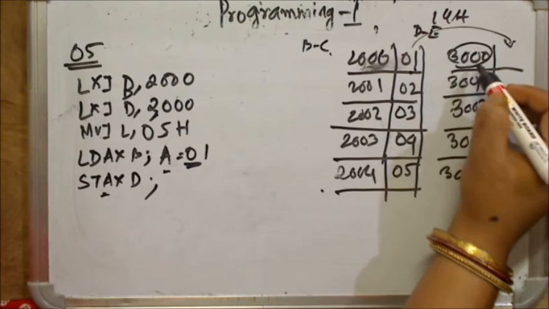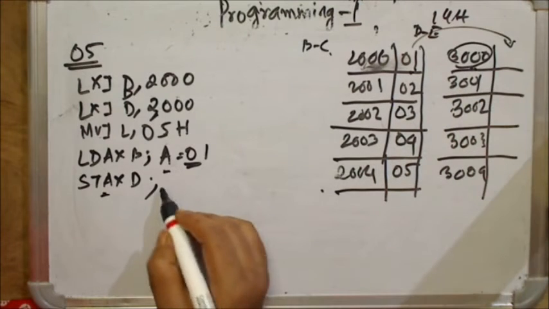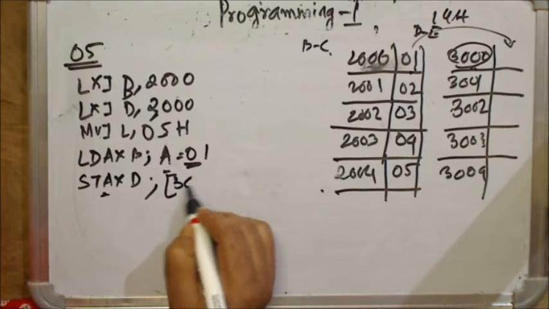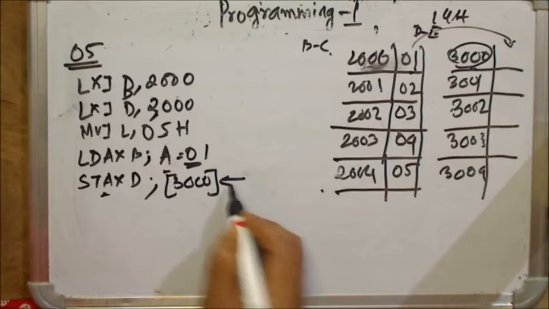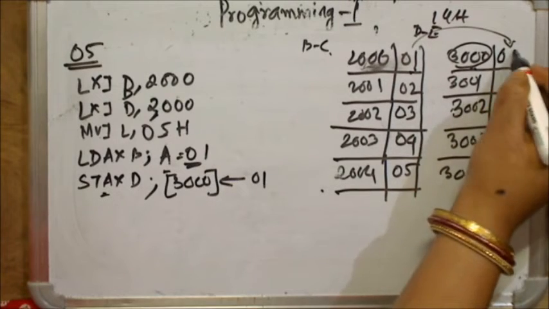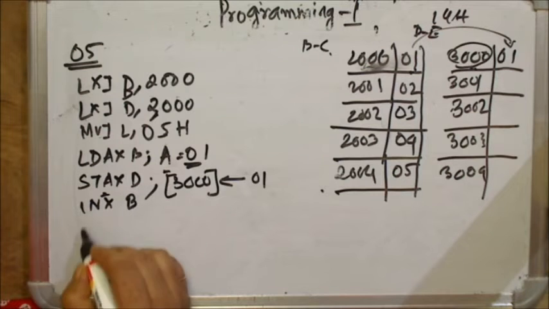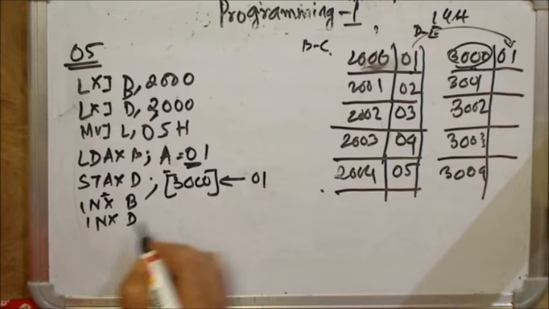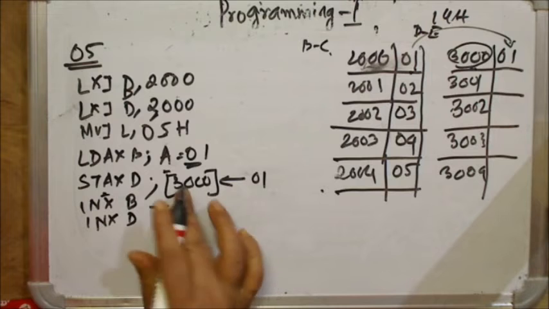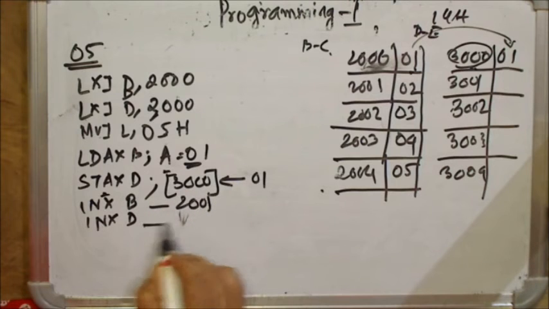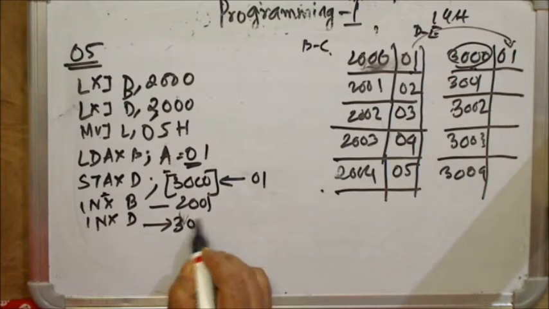What is the memory location pointed by the DE pair? 3000. So in memory location 3000, 01 will get stored. Then I have to go to the next memory locations, INX B, INX D. So BC will become 2001 and the DE pair will become 3001.